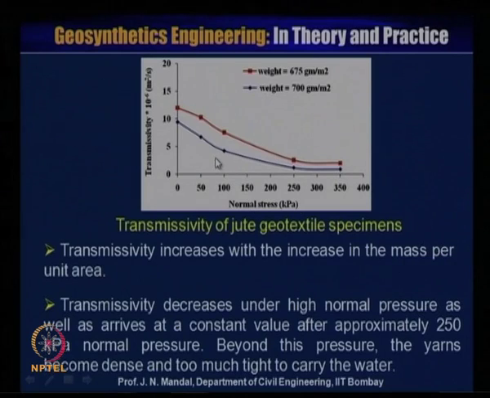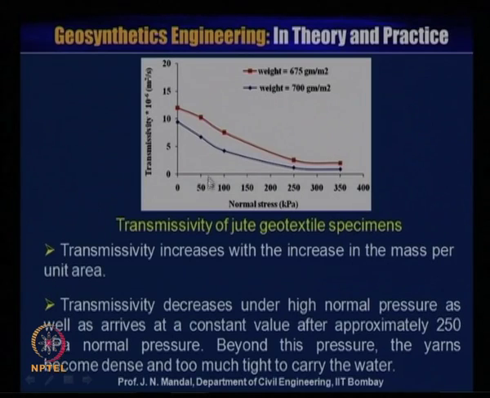Now, as I mentioned, transmissivity of geosynthetic material is to be determined under different normal stresses. You can see here we have performed some tests under different weights and also under different normal stresses. The y axis is the transmissivity into 10 to the power minus 6 meter square per second, and this is all under normal stress.